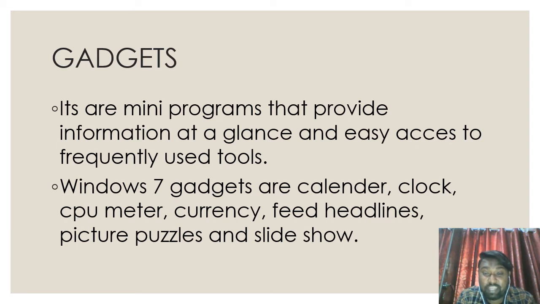Some of you may have heard about these mini gadgets, isn't it? We are going to learn those one by one with pictures. Are you happy to see the pictures along with the meaning of gadgets? Let's see.